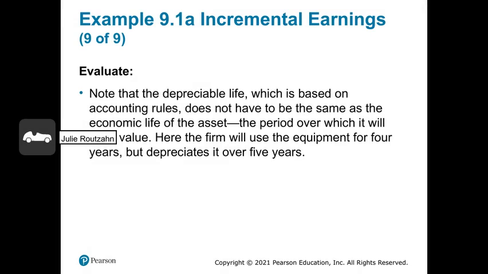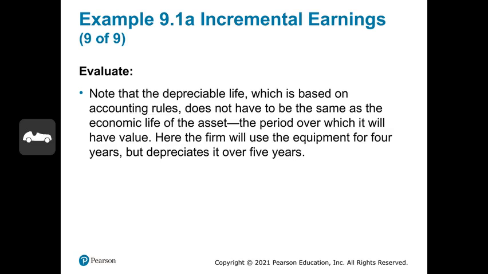Another reminder about depreciation is it's based on accounting rules. So in this case, we have to follow the accounting rules. It says this asset has a 5-year useful life. But for corporate finance purposes, what we need is to take into consideration the value of the cash flows over the project.